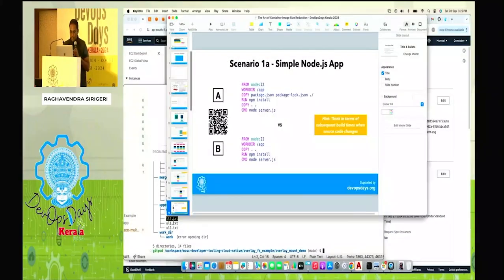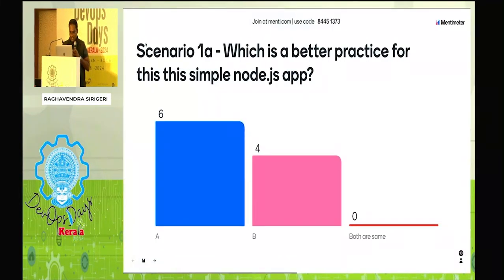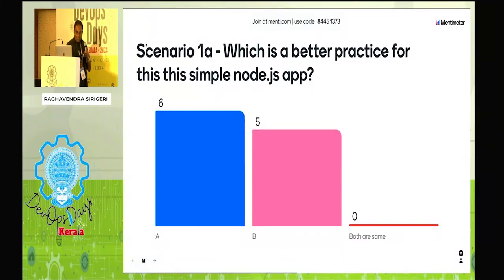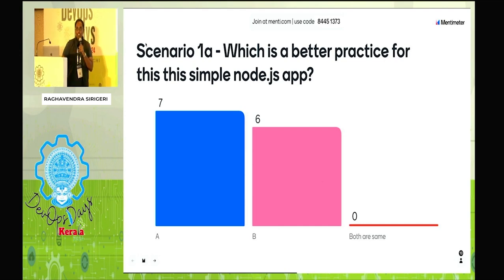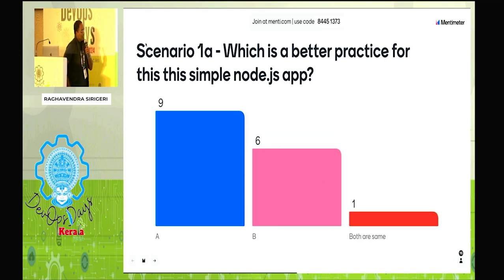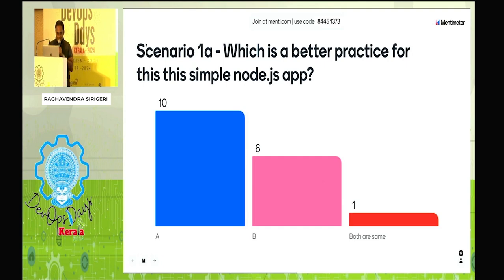So let's see the responses coming in. Okay, 7 people think A is correct, 6 people think B is correct. Any more votes? Okay, 10 and 6. Interesting.